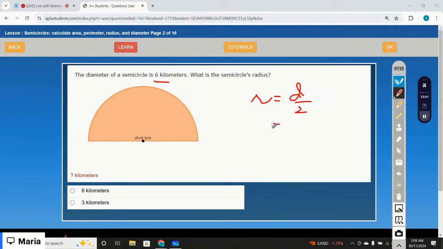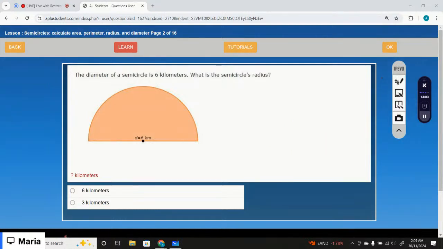You are given the diameter, 6 over 2. So that is 3. The radius is 3. Option number 2 is the correct option. That is r equals 3 kilometers.